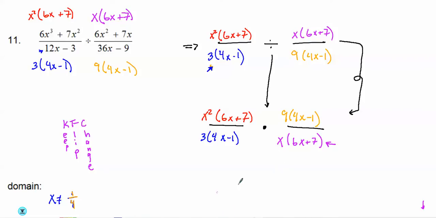So, for this one, we would say that x may not equal 0. There's no more math to do here, so I include 0 as part of the restriction. For this, I would say that 6x plus 7 may not equal 0. You subtract the 7 from both sides, and you're left with 6x may not equal negative 7.